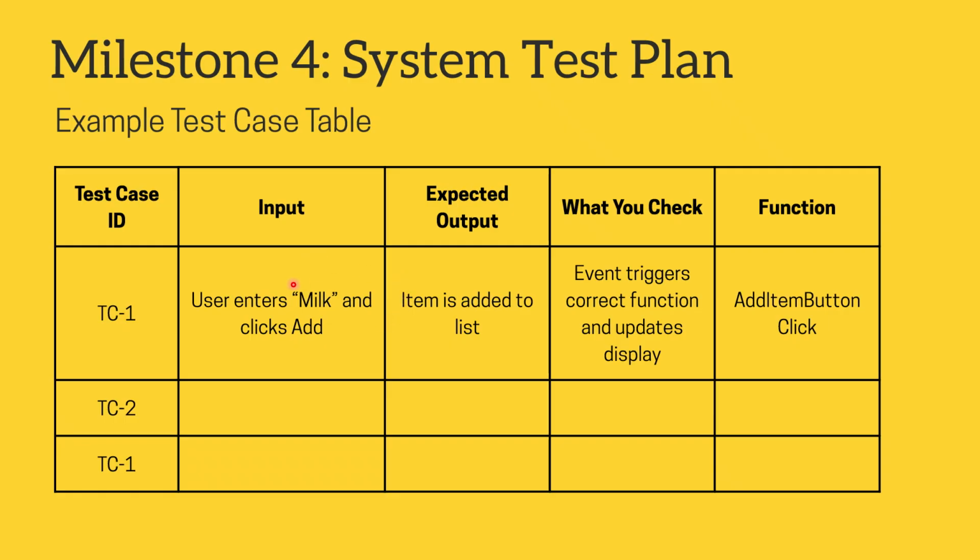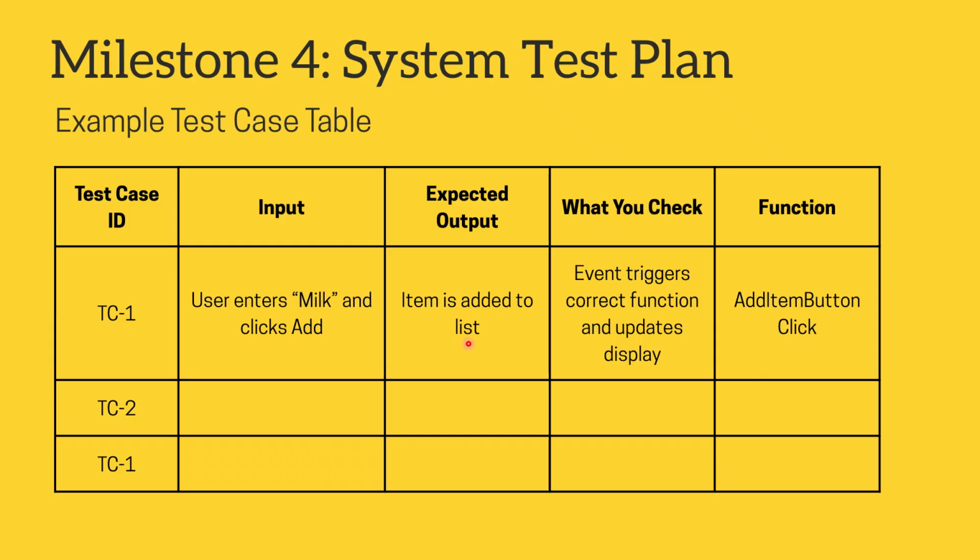For example, in this first one here, we're testing the add item button click. For input, the user would enter the word milk, and then they would click the add button.